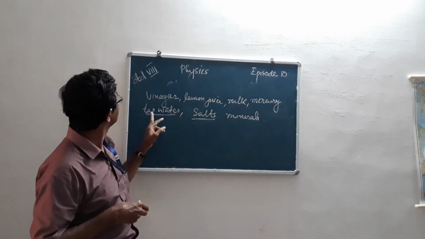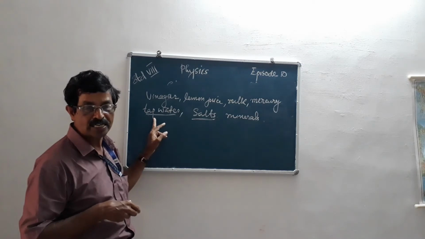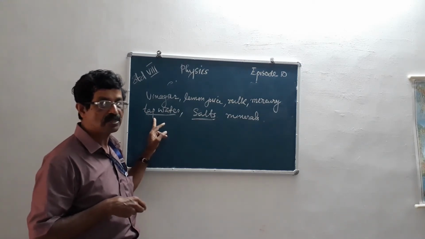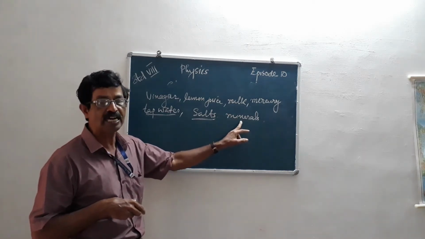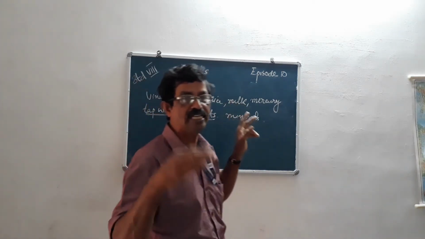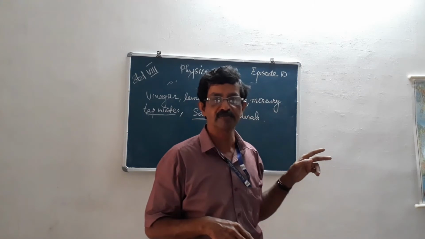What is the property of tap water and well water? There is some salt dissolved, and it also contains minerals. When these are present, they are good conductors.